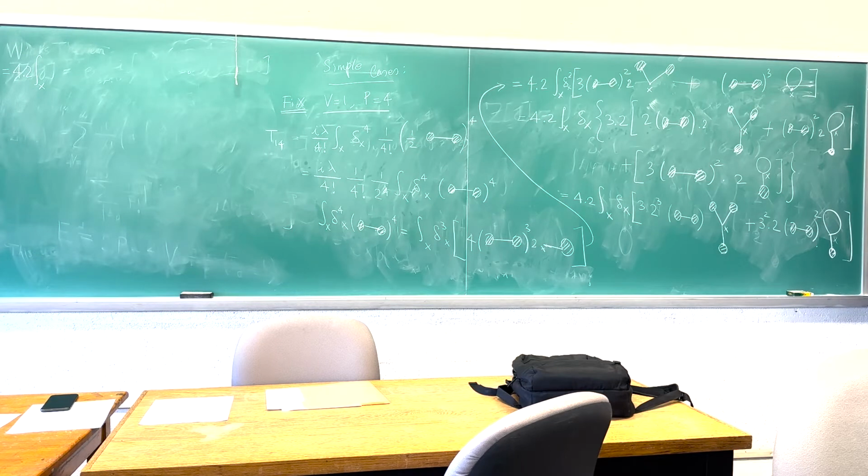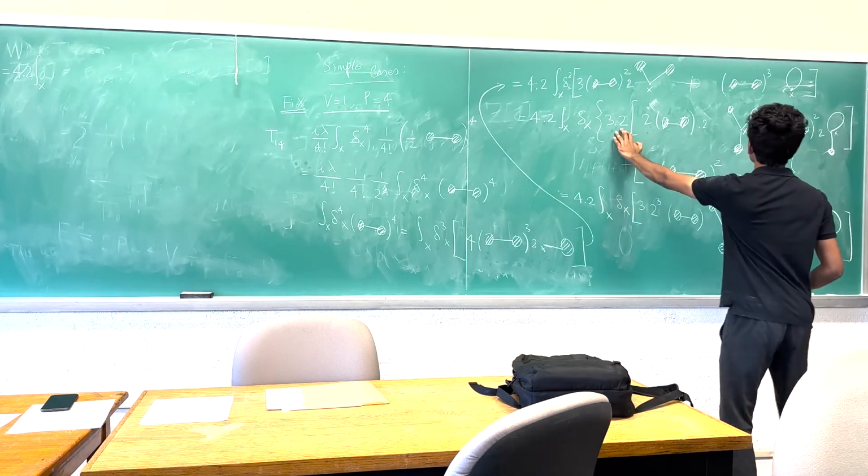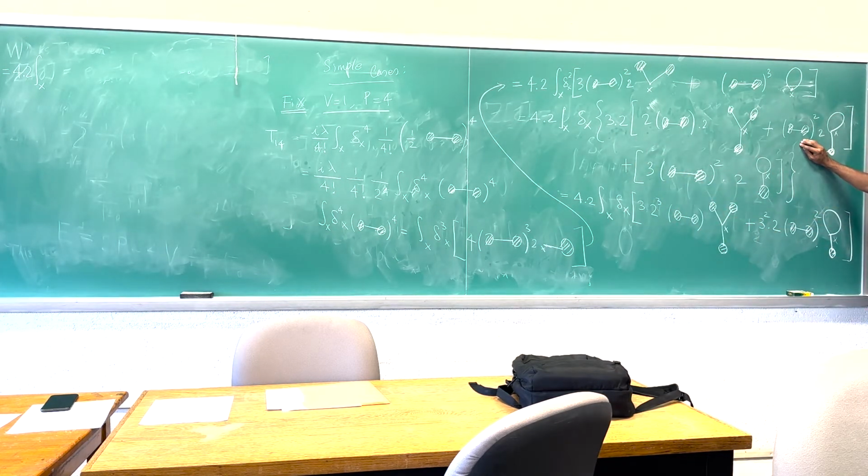How did you get that? I didn't get it. This term? So you have a 3 times 2 times this thing. This term and this term are the same, right? So what's the prefactor of this term? It's 3 2 2, it's outside. And for this it's 3 2. So it's 3 2 times 2 plus 1, which is 3.